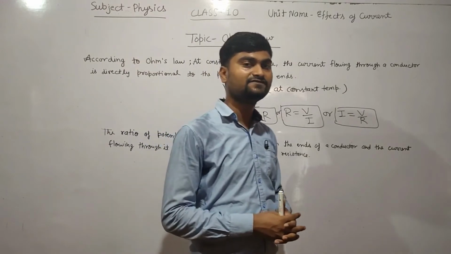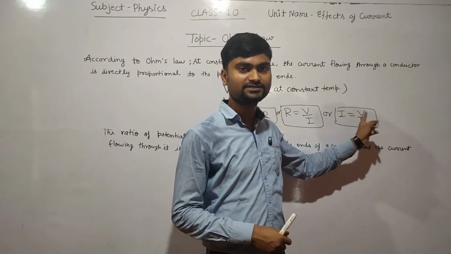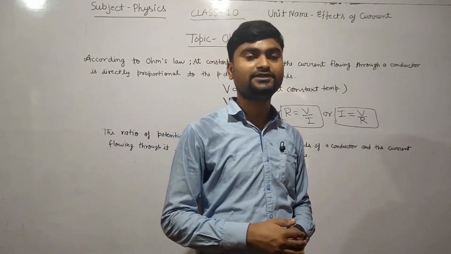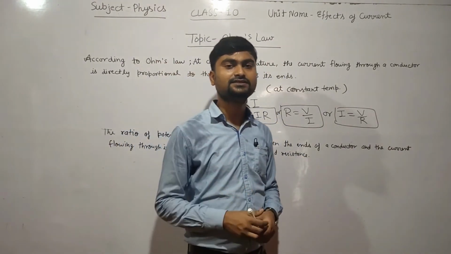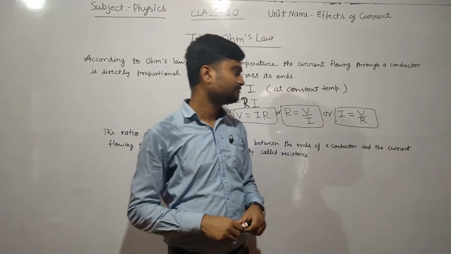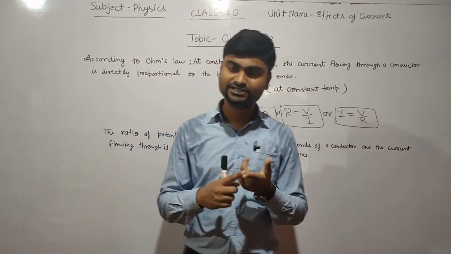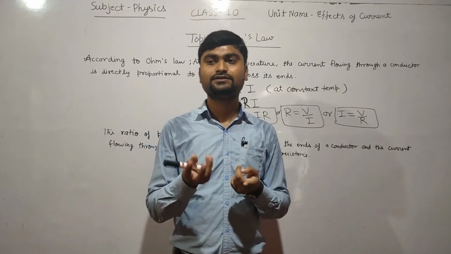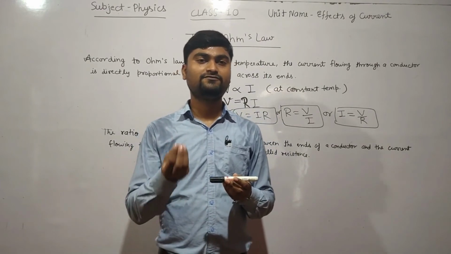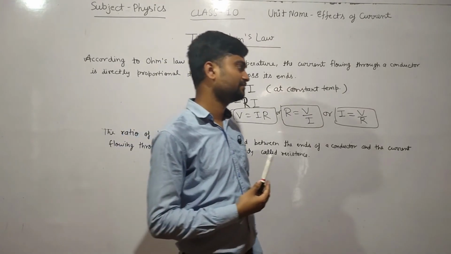So the strength of the current depends on two factors: one is the voltage across the conductor, and the second is the resistance. Resistance also depends on some factors, which we will discuss in the second video. For now, you can say that the resistance of a conductor depends on the nature of the conductor, that is, whether it is metal or non-metal, or which type of atom comprises the material.